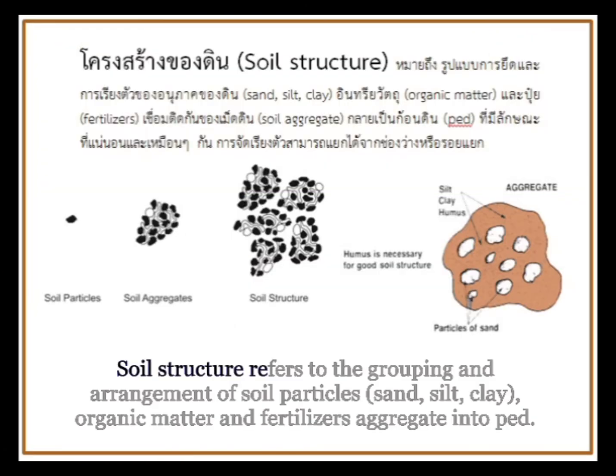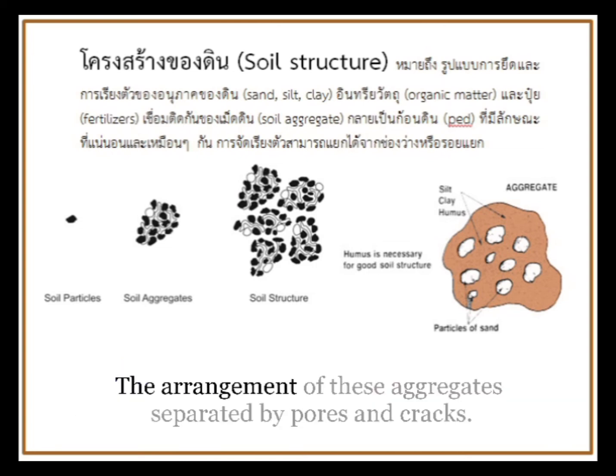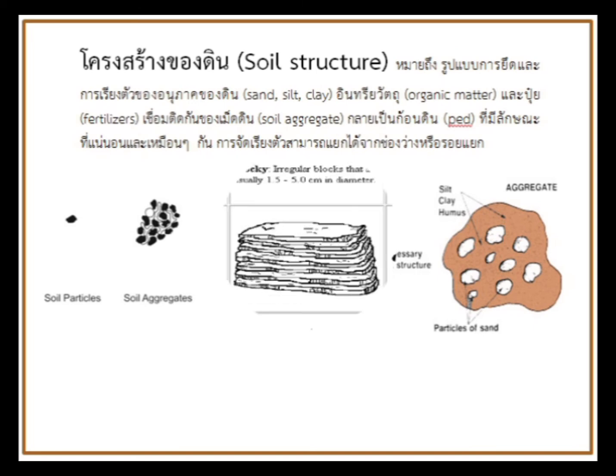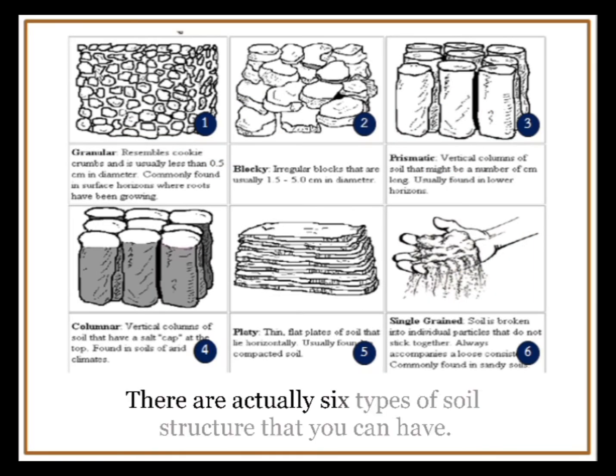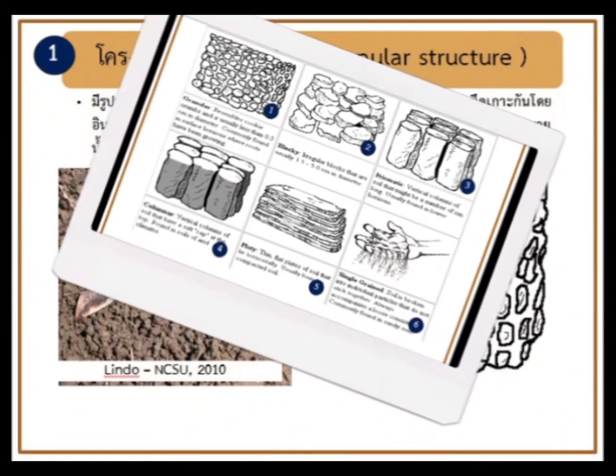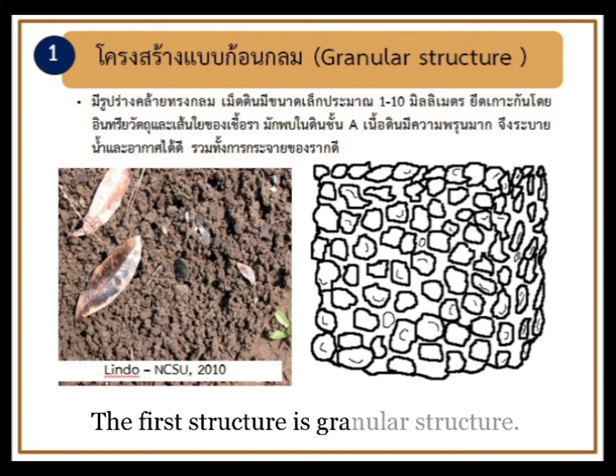Soil structure refers to the grouping and arrangement of soil particles of sand, silt, clay, organic matter, and fertilizers aggregated into peds. The arrangement of these aggregates is separated by pores and cracks. There are actually 6 types of soil structure that you can have. The first structure is granular structure.